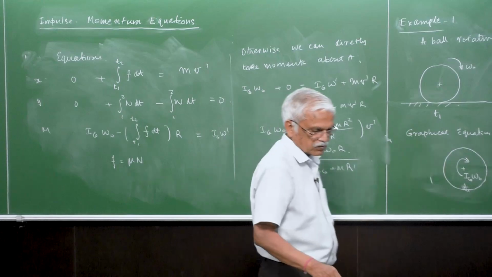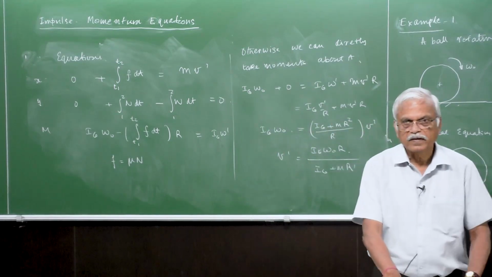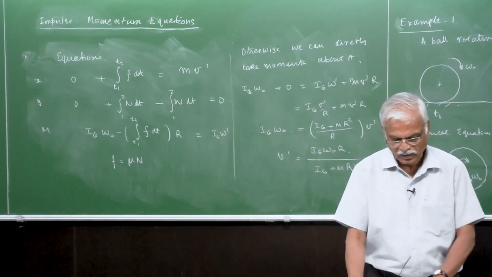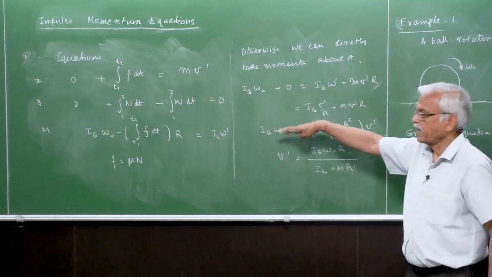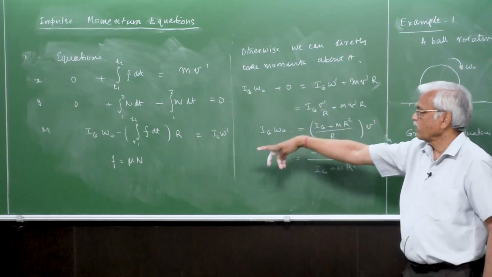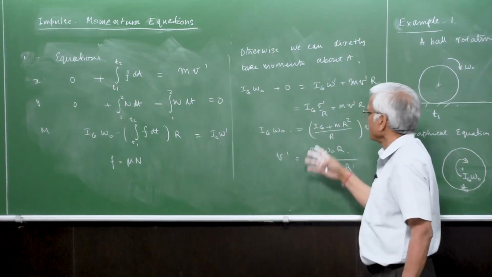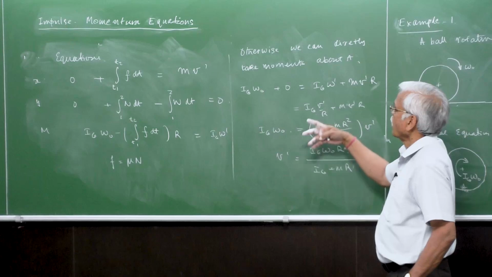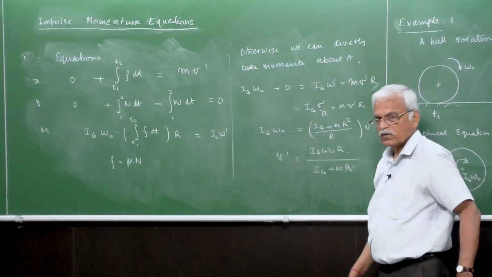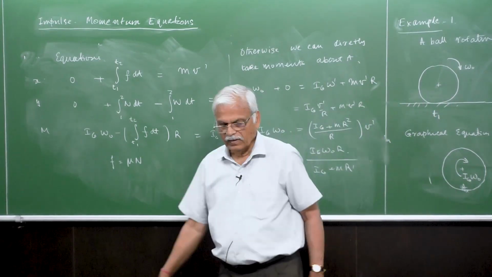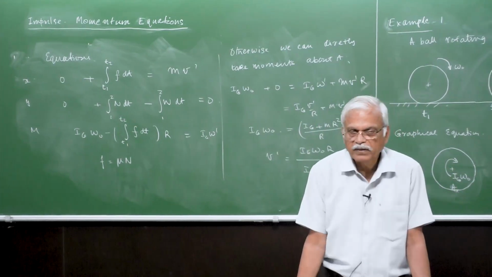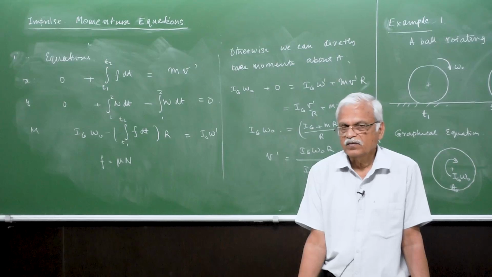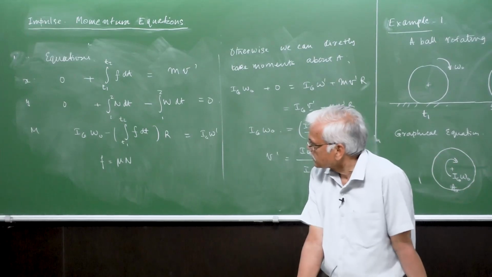So like that, once you get a lot of experience, instead of writing all these four equations unnecessarily, you can use this one directly. So that is the application of impulse momentum equations for some cases.